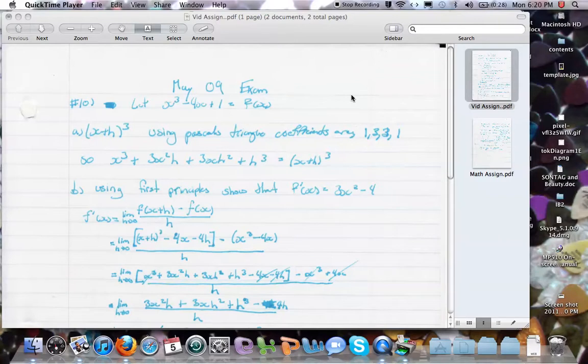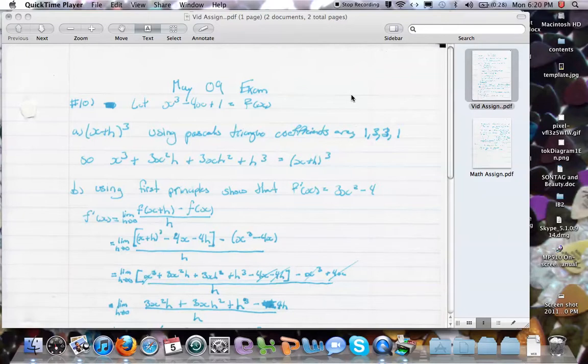You start with the first term x cubed plus h to the 0, and then you go down in x and up in h. So you start off with the coefficient of 1 on x cubed, then plus the next term, which has a coefficient of 3 and x squared h, because h went up by 1 and x went down by 1. Then you continue to get 3x h squared, and then finally h cubed.